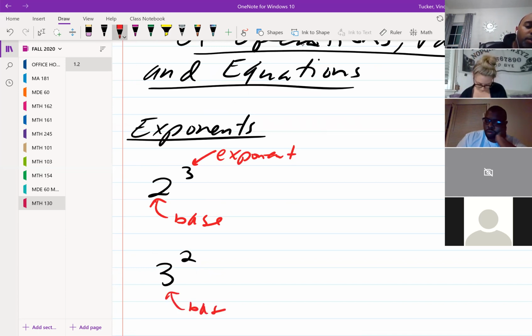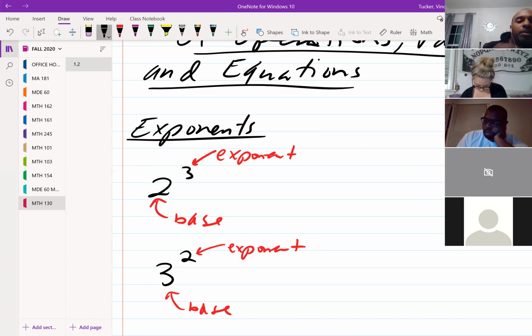The number that is regular size is your base. The number that's superscript up to your right is the actual exponent. So this is not 2 times 3. And we have to be careful here because that is familiar to us. 2 times 3, which will give us 6.